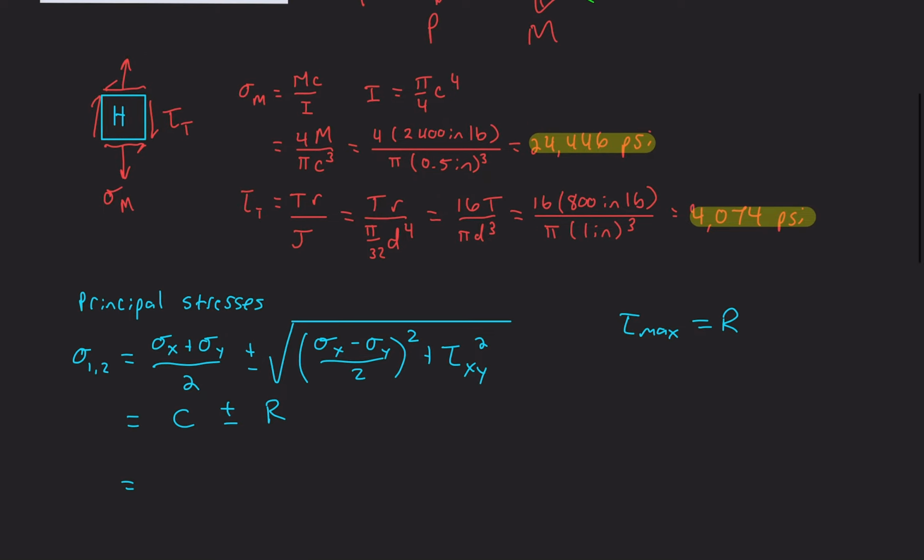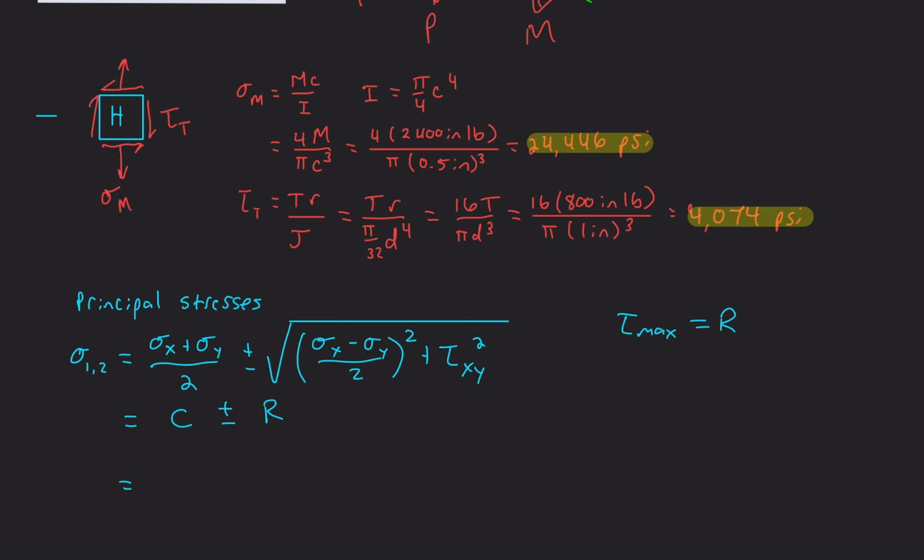So our sigma x, if we draw a coordinate system here, consider this is our x region, this is our y region, we'll see that there is no sigma x stress, but there is sigma y stress due to bending. That sigma y stress is 24,446 psi. Dividing by 2.